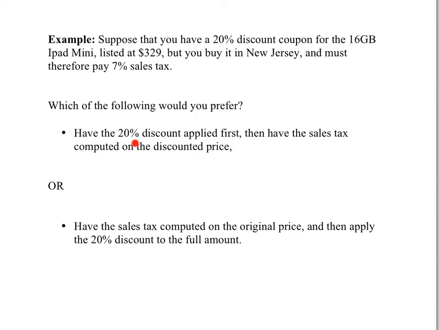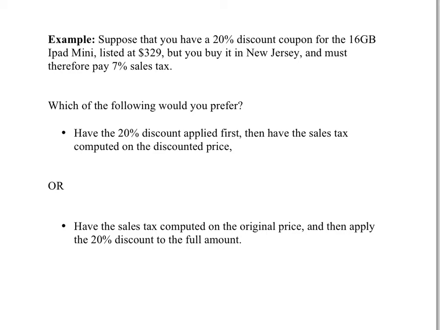Do you want them to apply the 20% discount first, and then have the sales tax computed on the discounted price? That way you're paying the sales tax on a smaller amount. Or would you prefer to have the sales tax computed on the original price, and then have them apply the 20% discount to the full amount, so that way you would get the greatest possible benefit from your discount coupon?